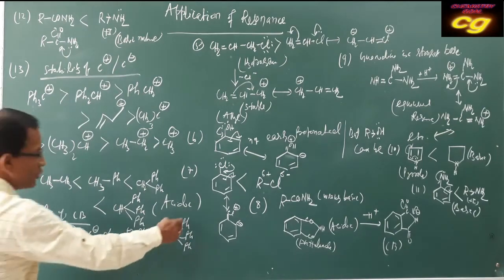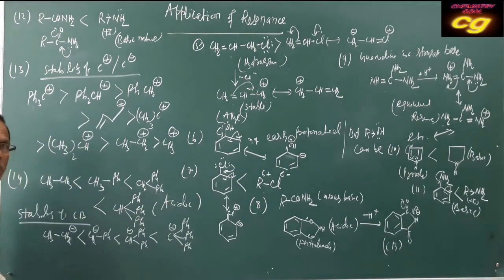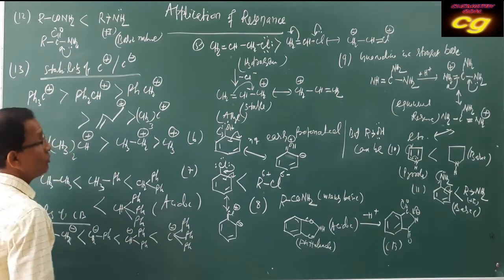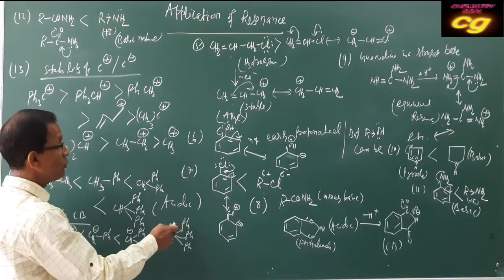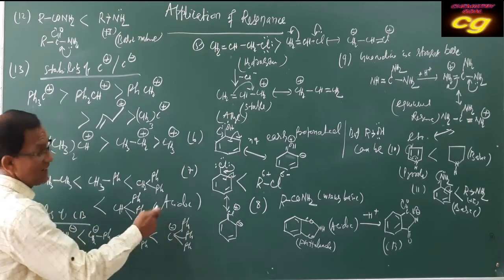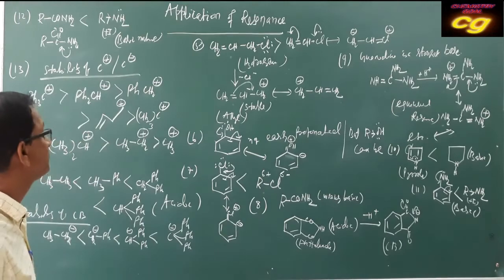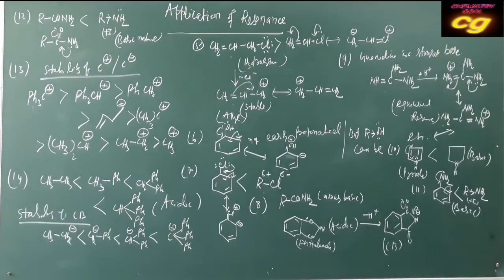As 3 phenyl groups are attached to carbon minus, it is delocalized more, the number of delocalizations is more, that's why the carbon possesses less negative charge by resonance. Already I have told you the phenyl group is an electron-attracting group; by resonance the negative charge on carbon is delocalized towards the benzene ring. That's why stability increases. This is a very important thing regarding the stability of carbocation and carbanion.